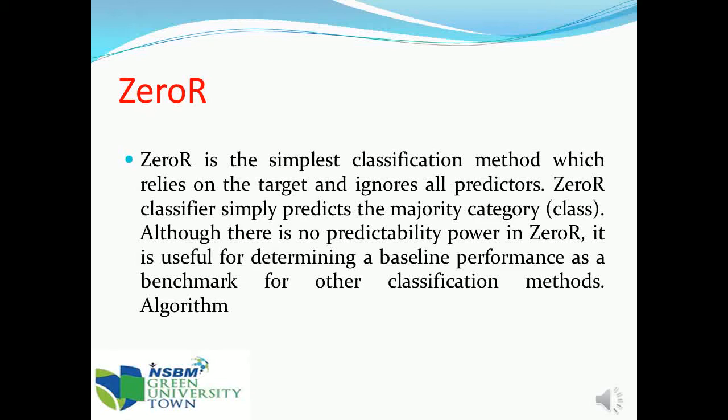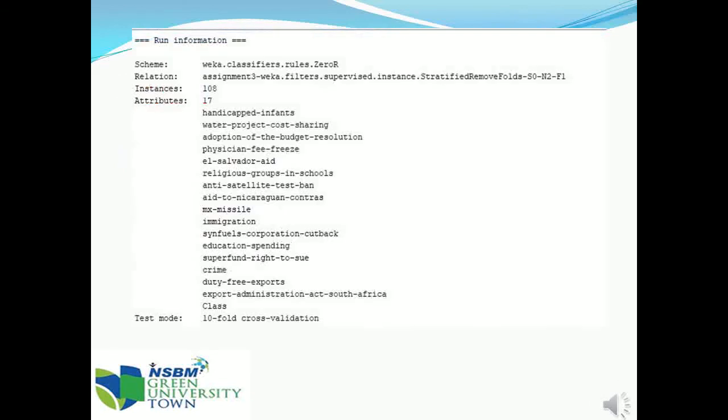Although there is no predictability power in 0R, it is useful for determining a baseline performance as the benchmark for other classification methods. This is the output we got from 0R. In 0R also, we used test mode as tenfold cross-validation.